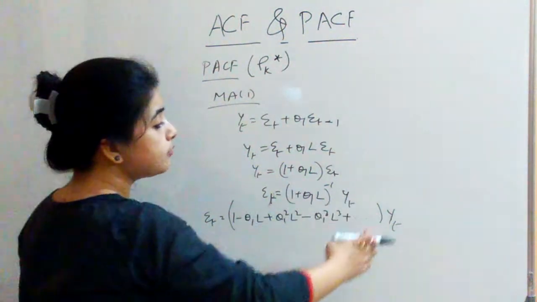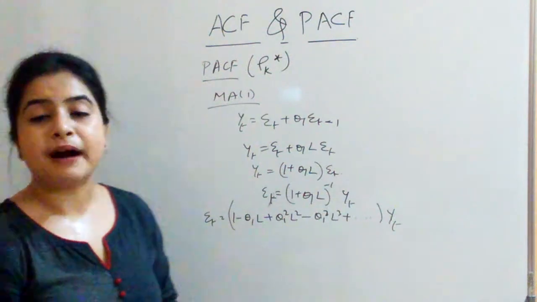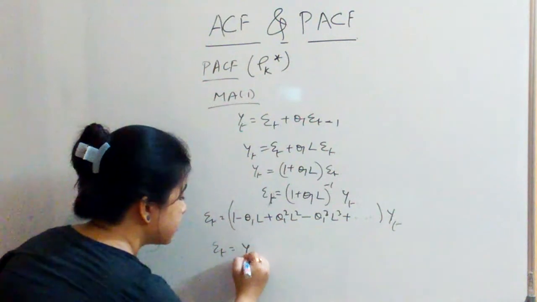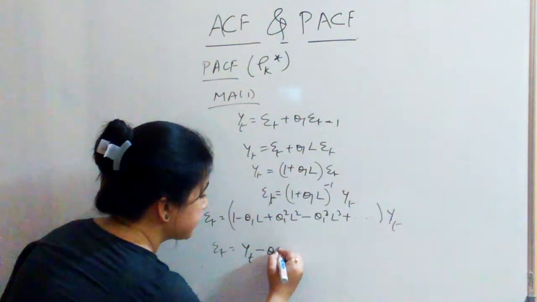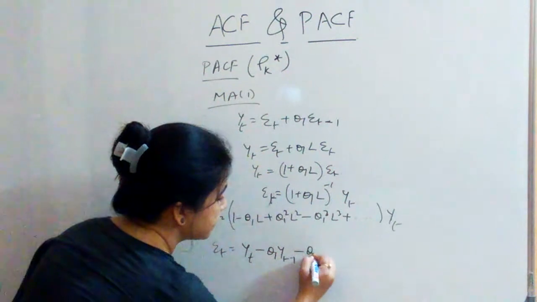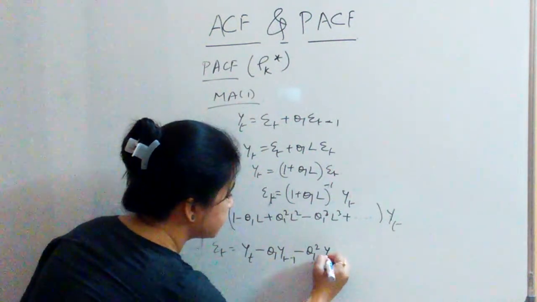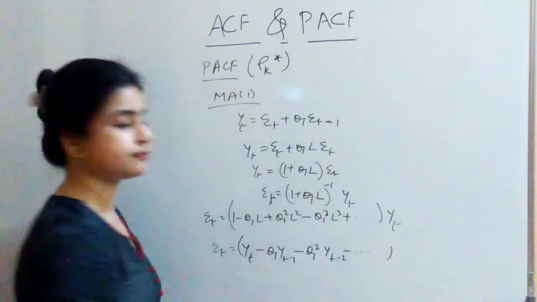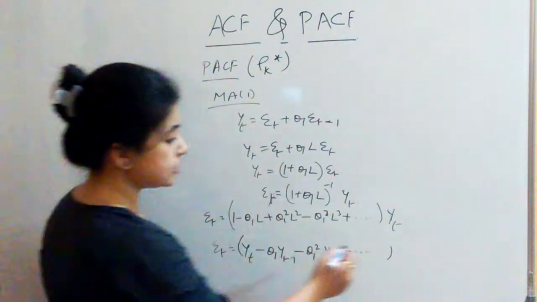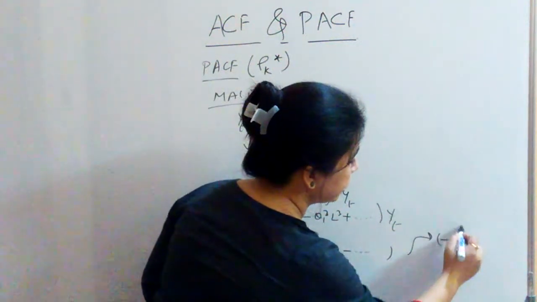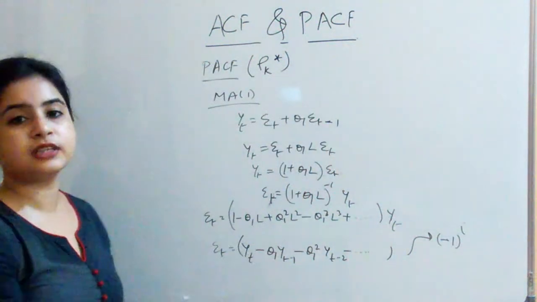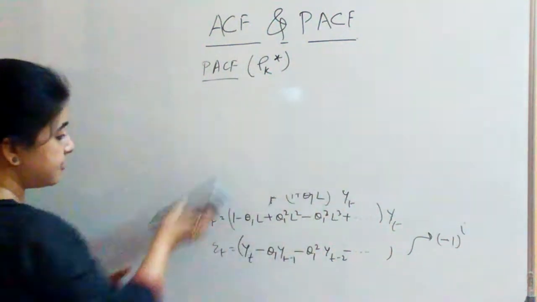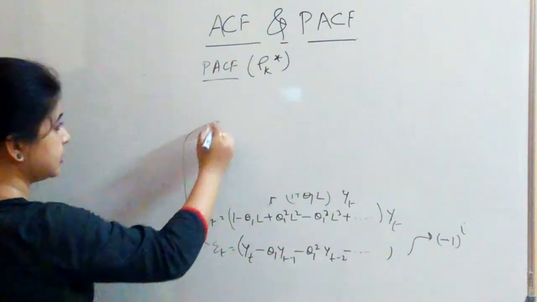Once this whole equation is multiplied with minus 1 to the power i, we obtain this thing, theta 1 square yt minus 2, and it's going on. Okay, and from here the series is not done.